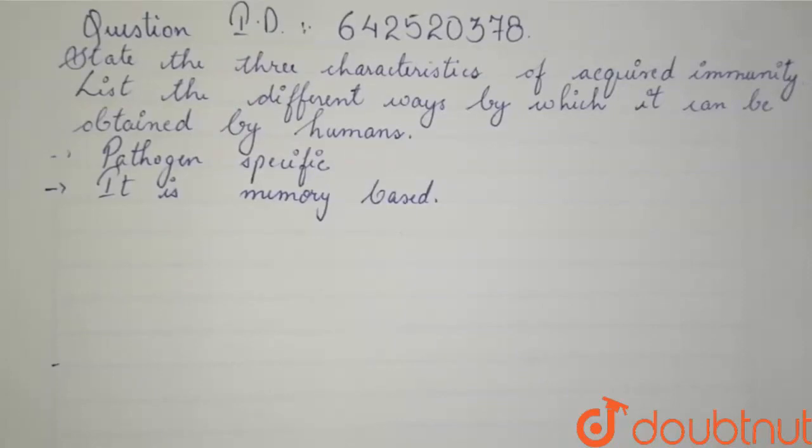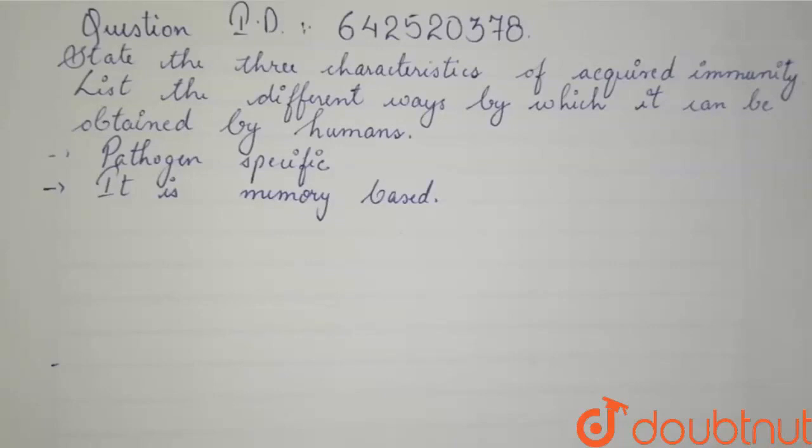That is called the first encounter. And when the body encounters the pathogen the next time or subsequent times, a large number of antibodies are produced in the body. Therefore, the pathogen is easily encountered and killed away. That was the memory based characteristic of acquired immunity.